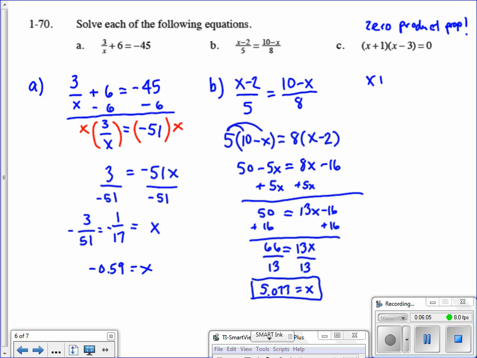Let's set each one equal to 0 and solve each. Subtract 1 from each side, we get x equals negative 1. Add 3 to each side, we get x equals 3. So x can equal negative 1 or 3. To check it, you can plug them both back in to make sure they work. That is your answer for C.